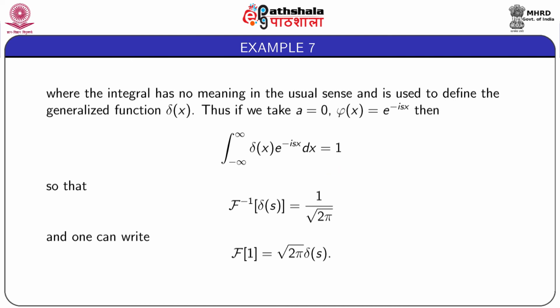So that, using the property of the delta function, we see that this is the Fourier inverse of delta(s), and that is equal to 1/√(2π). So, we write the Fourier transform of 1 as √(2π) times delta(s). So, this is the Fourier transform of the function f(x) equal to 1.